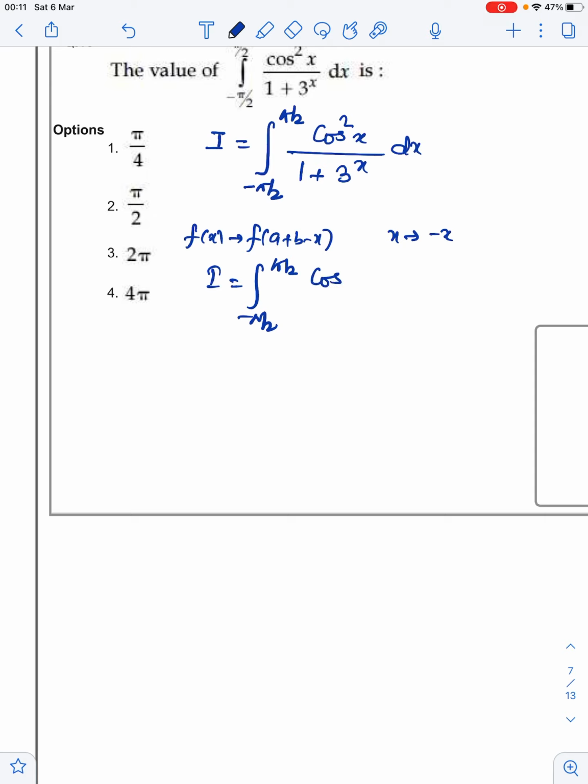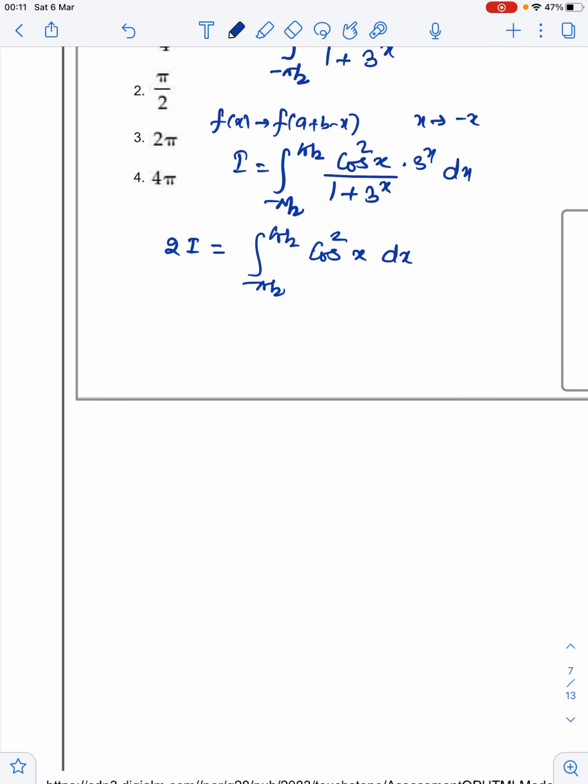So this is cos square x as it is, but this becomes 1 plus 3 to the power x upon 3 to the power x, that is, 3 to the power x dx. Now adding both I, the new one and the previous one, this becomes the integral from minus pi by 2 to pi by 2, and this 1 plus 3 to the power x gets cancelled. This becomes cos square x dx, this much only.